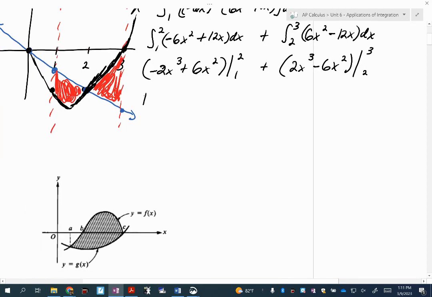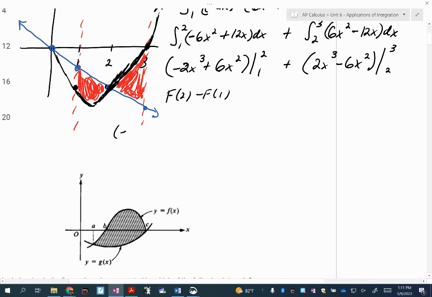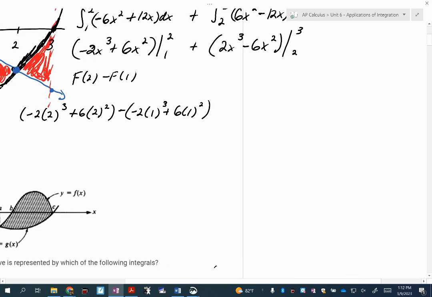All right, so f of 2 minus f of 1. Let's do that first. So it's going to be negative 2 times 2 cubed plus 6 times 2 squared, minus negative 2 times 1 cubed plus 6 times 1 squared. So we'll get that answer. Plus, let's do this one here.